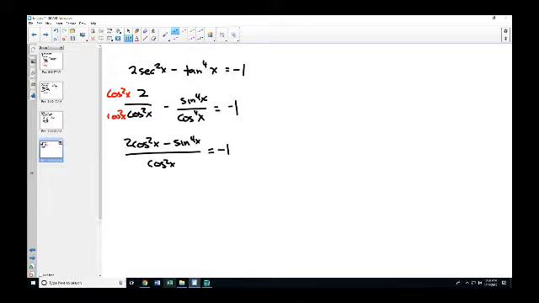Do you like this method? Neither. But it'll work if you carry it through. What would you do next? Shouldn't it be cosine to the 4th on the denominator? Could you get rid of the cosine?